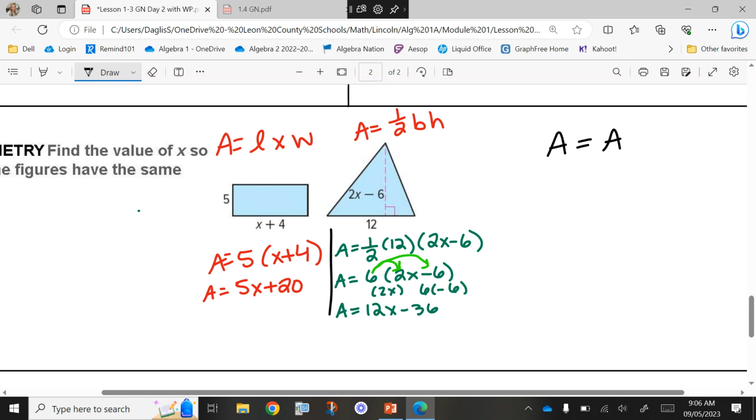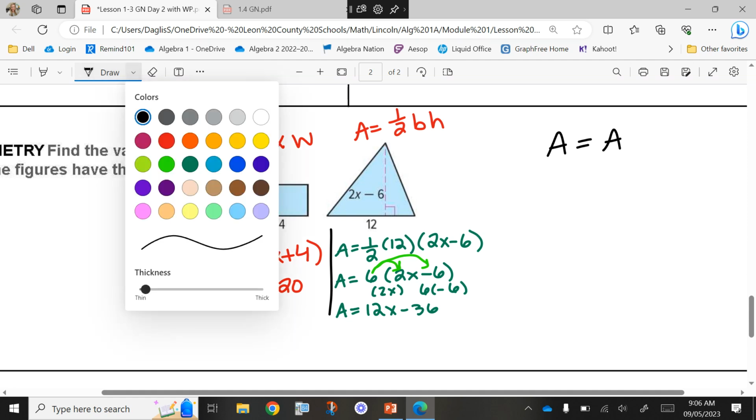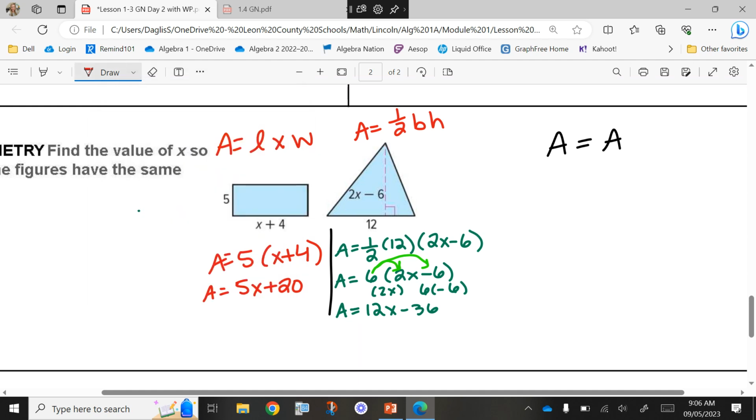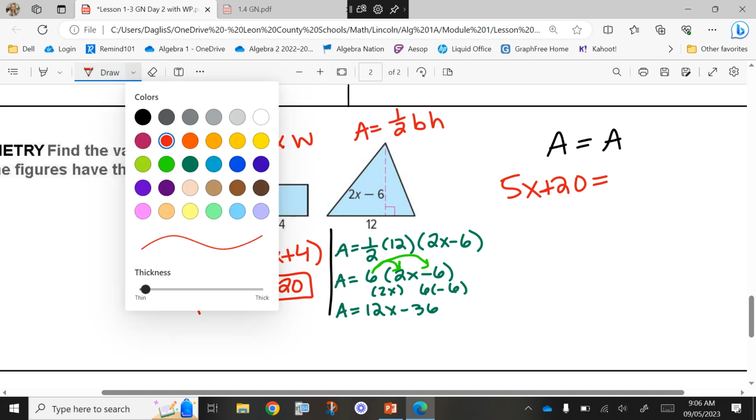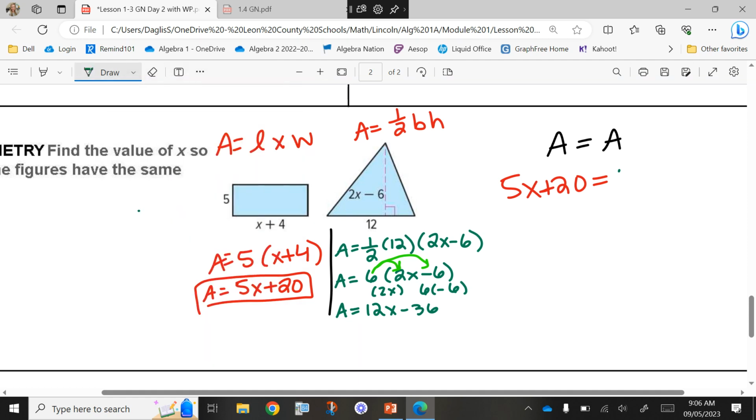So what was the area of my rectangle? There you go, 5x plus 20. And it wants to equal the area of the triangle, which was 12x minus 36.